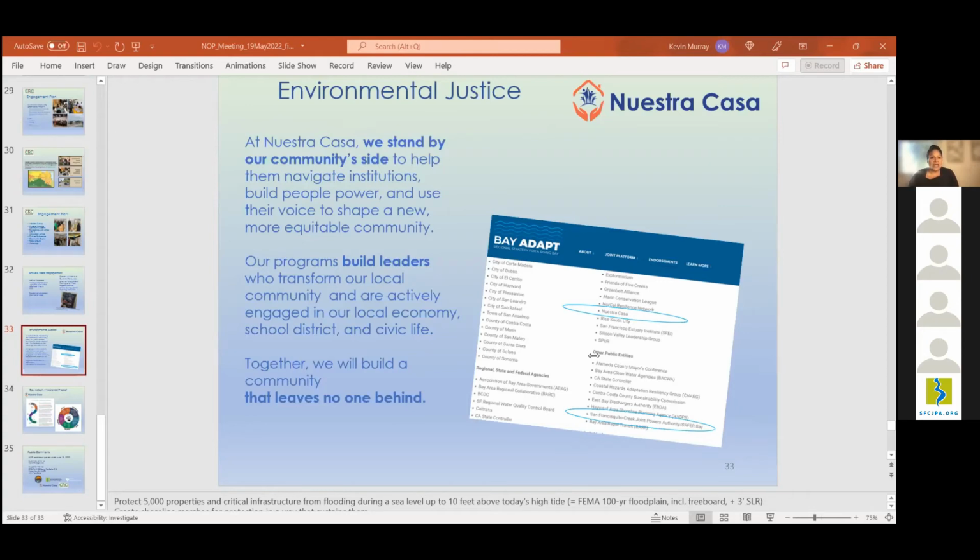The parent academy incorporates the 3 major ethnic groups in East Palo Alto, which are the Latino, African American, and Pacific Islander communities. We also work with local facilitators, such as Violet. Some of the challenges that we discuss at the local level include sea level rise and flooding. Next slide, please.